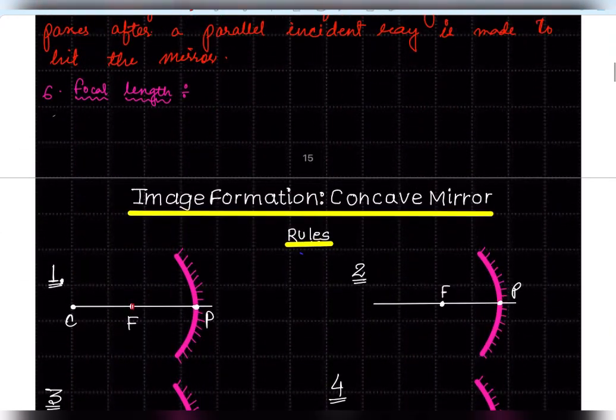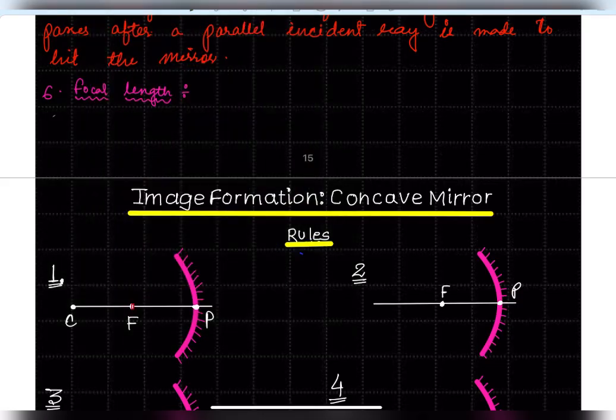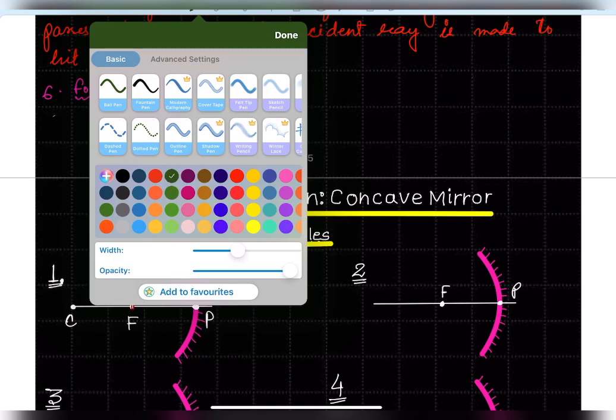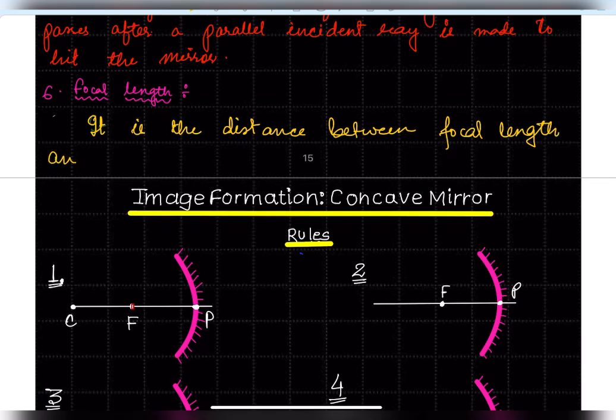So focal length is the distance between the focus and the pole of the mirror.